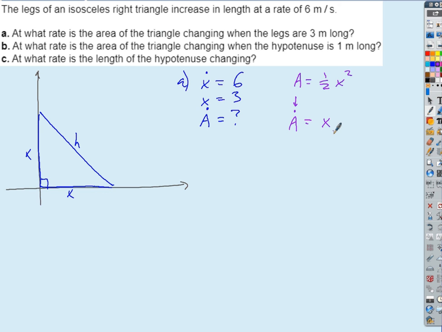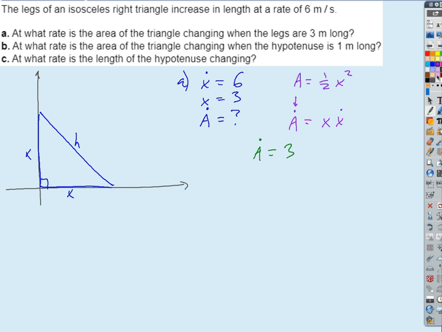And so then if I want to evaluate this, if I want to plug and chug, it's pretty simple. It's already solved for A dot. And so for the last step, A dot is just going to equal 3, right? Oh, sorry, x dot. Yeah, we forgot the x dot, didn't we? X dot.